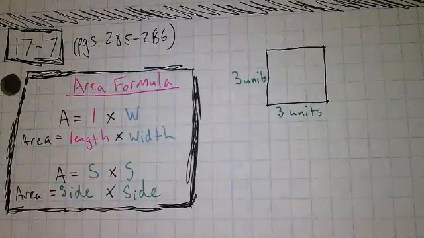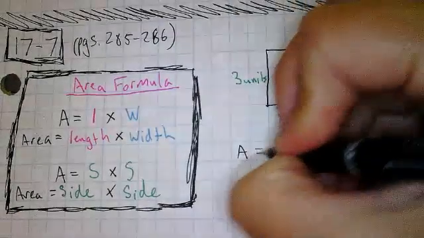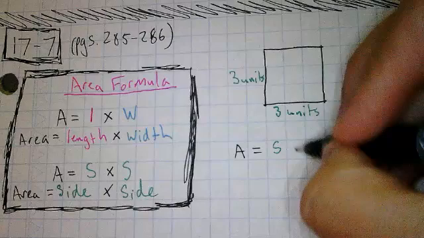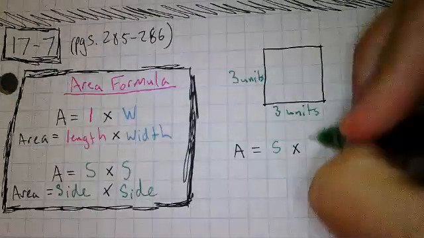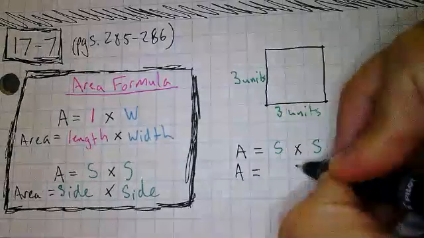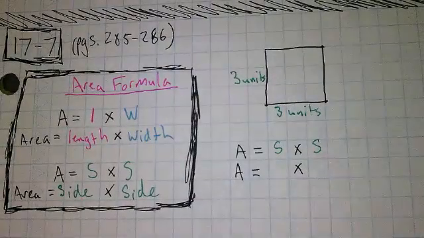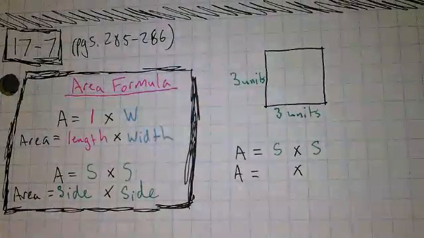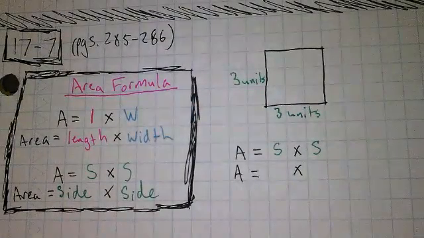Now, my formula is area equals side times side, right? So I want to actually plug in my sides now. What is my side right here? How big is my side?